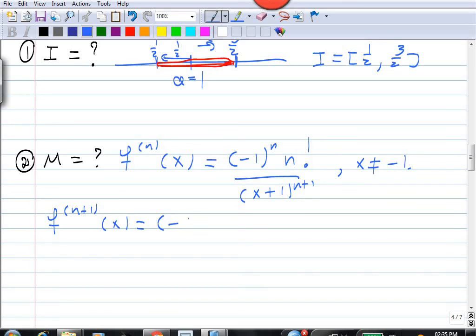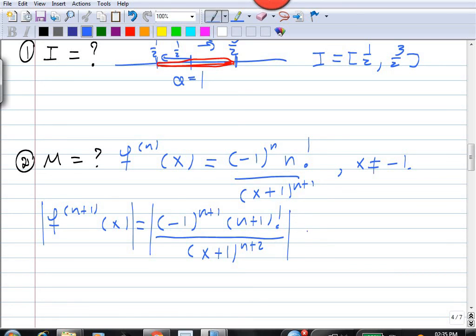So that's going to be minus 1 to the n plus 1, n plus 1 factorial over x plus 1 to the n plus 2. And we're in any event interested in the absolute value of this. Right? And now the absolute value of this would just be n plus 1 factorial over x plus 1 to the n plus 2 for x in our interval I. And remember, I is the interval from 1/2 to 3 over 2.